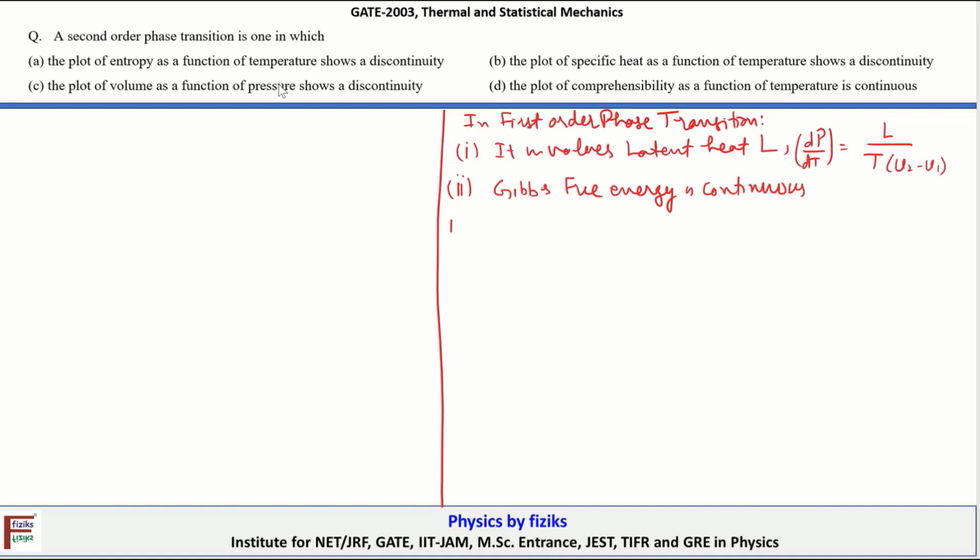And the third point is the first order derivative of G with respect to T and P, that is, with respect to temperature and pressure, are continuous.